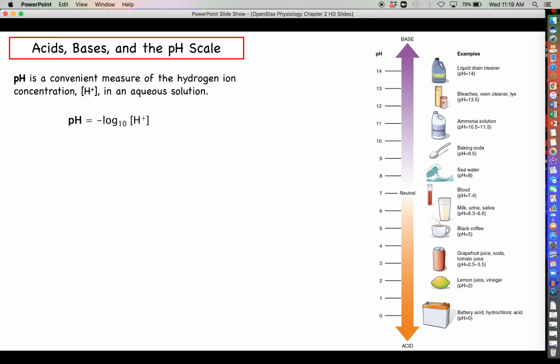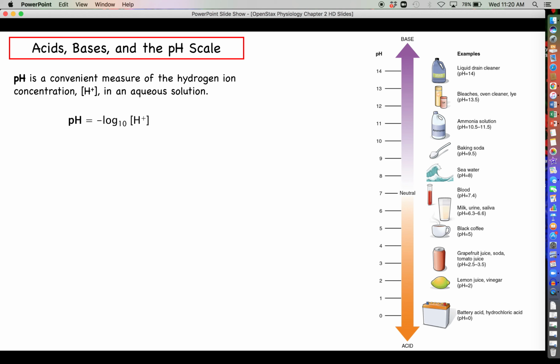Now, if you look at the way we calculate pH, you'll notice that it falls on a logarithmic scale, a negative logarithmic scale. You can calculate the pH by taking the negative log base 10 of the hydrogen ion concentration. So if you're a wizard with working with logarithms and exponents, you can actually calculate the hydrogen ion concentration if all you know is the pH. Now, the good news for us is that we are not going to really be utilizing this equation.